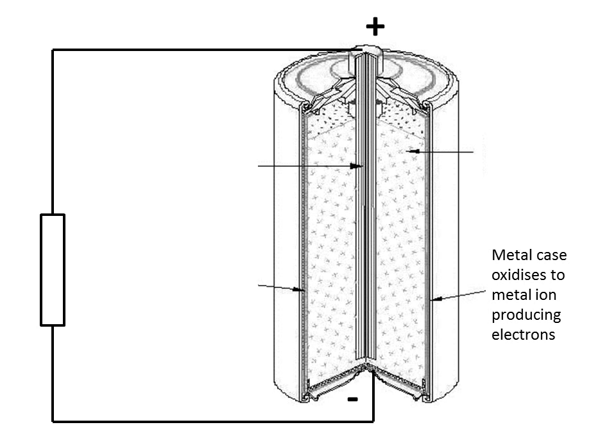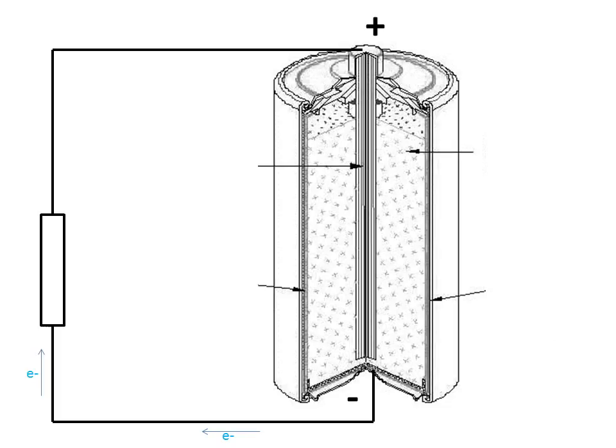Now, the metal case on the outside is actually made of zinc metal, and it undergoes a reaction where it turns into zinc ions, zinc 2+. In that process, from going from zinc metal to becoming a positive zinc ion, it has to lose electrons. The easiest path for those electrons, the only path those electrons can take, is to flow around the circuit here. So they're going to flow in this direction towards the positive electrode.